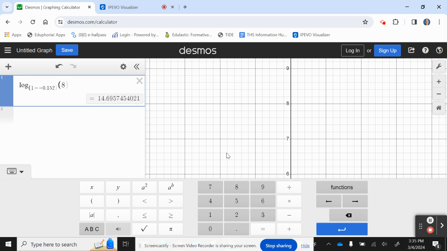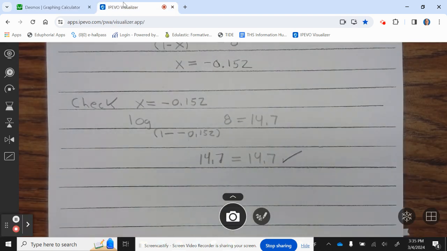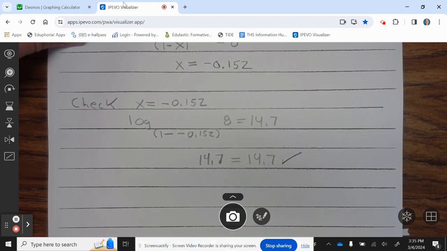If you round to one decimal place, it's 14.7, which checks. So x equals negative 0.152 is a valid solution. All right, let's take a look at the next page.